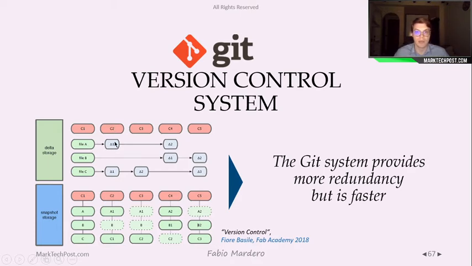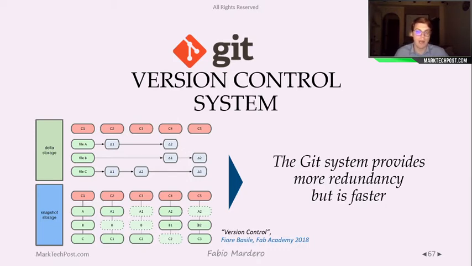So at the second step, C2, we record a difference. For example, one line has been changed. But at the same instant, file B has not been changed, so no differences are stored, and we move on through time.